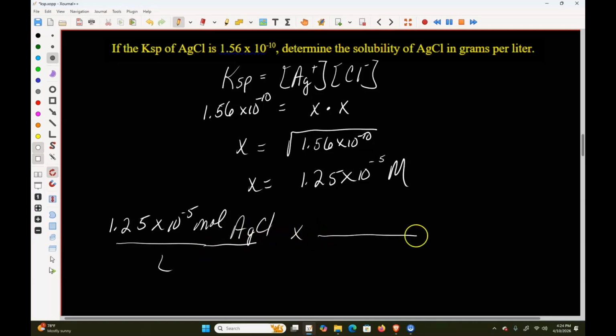All right, let's convert that into grams. So 1 mole of silver chloride: silver is 107.9, chlorine is 35.45. If I add those together, I would get 143.35.